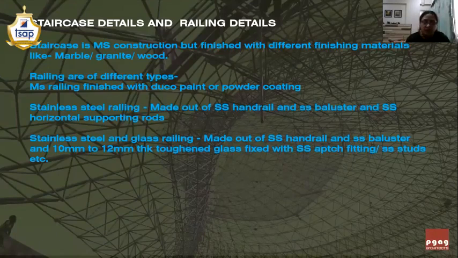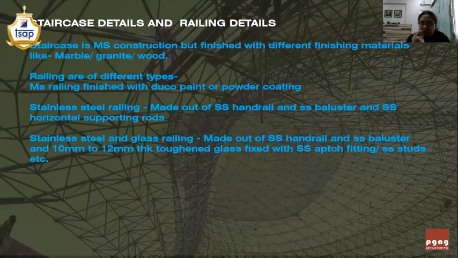And then again the same finish, the stainless steel brush finish, needs to be mentioned. Then all the supporting hardware needs to be mentioned. If you are using an SS base plate or MS base plate and a cover plate of SS onto that, all needs to be mentioned in the tender itself.